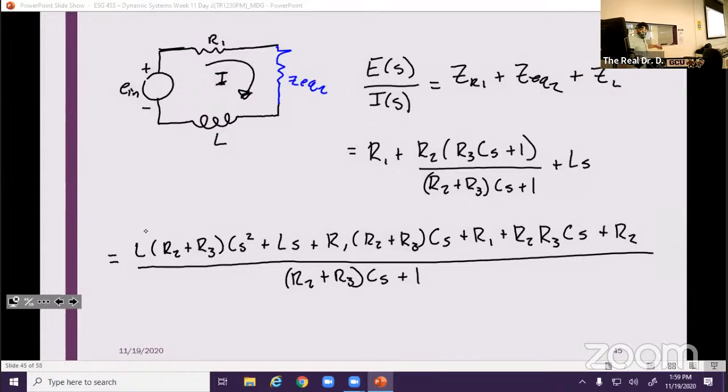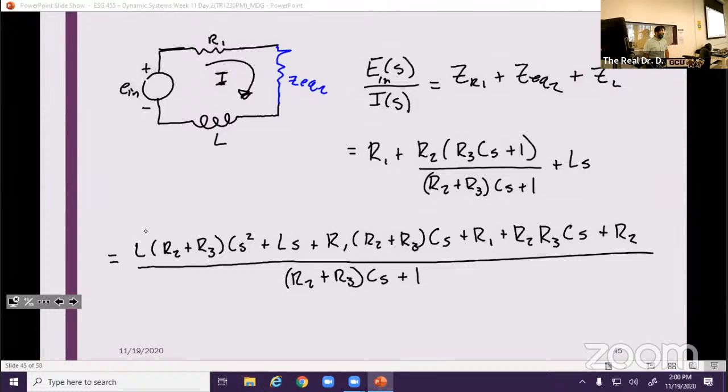That's great, but that's E in over I of S, right? And what I want is E out over E in, right? But remember, we came up with our function for E out earlier. That's just I times R2.